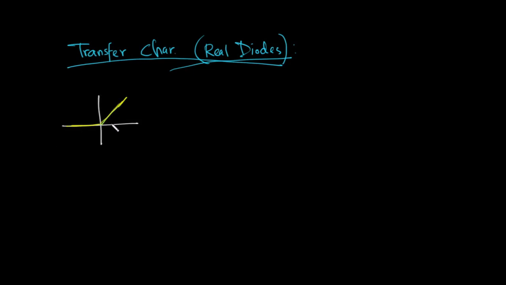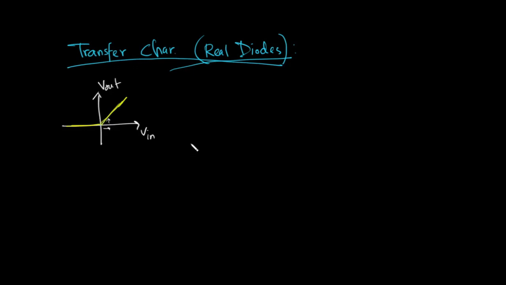What does this mean? This is the V out and this is the V in. This means that as soon as V in increases, V out increases with it. But if we are using real diodes, we know that V out cannot turn on as soon as V in goes positive.